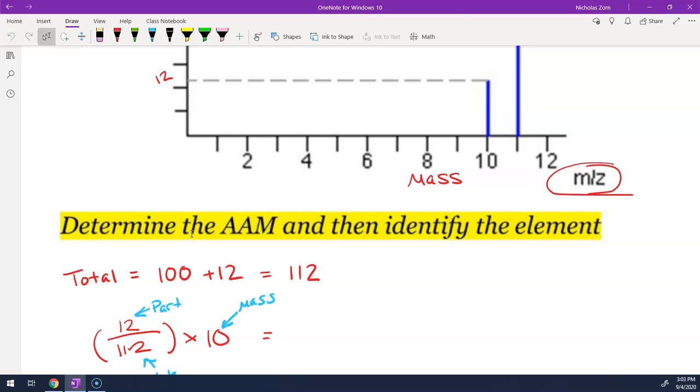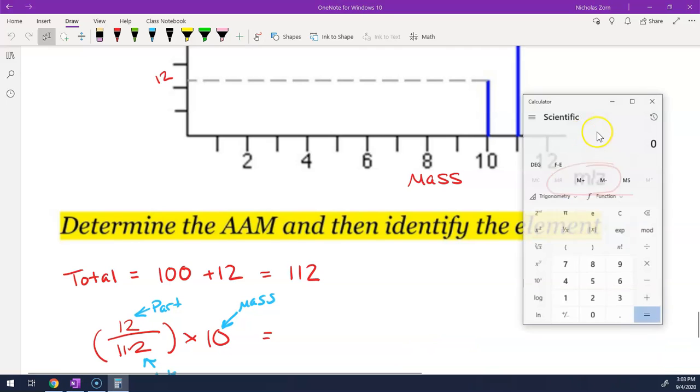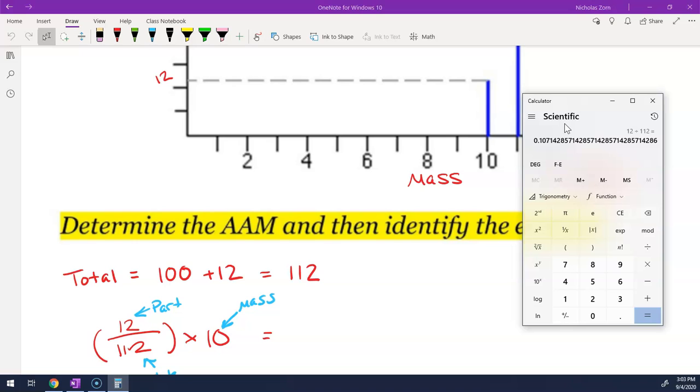Okay. So let's bring out our calculator again. So 12 divided by 112, and then I'm going to multiply that number by 10, and we get 1.07. And then I'm going to do the same thing with 11. So that was 100 over 112 times 11. So 100 divided by 112, not 122.